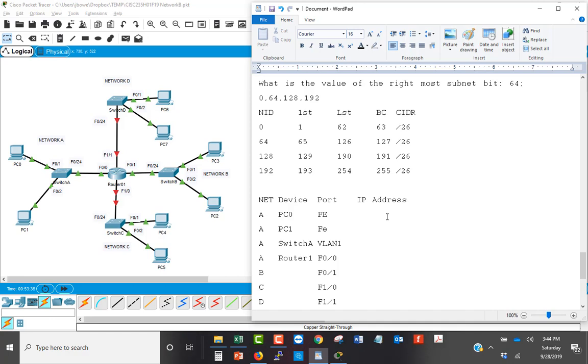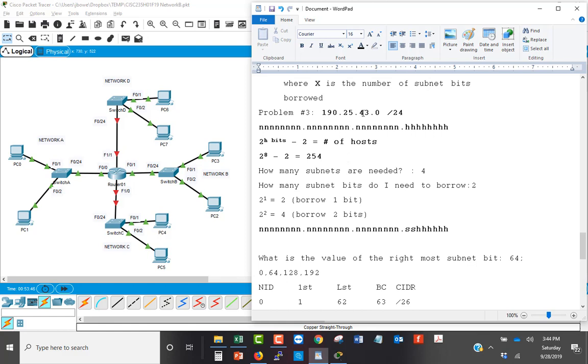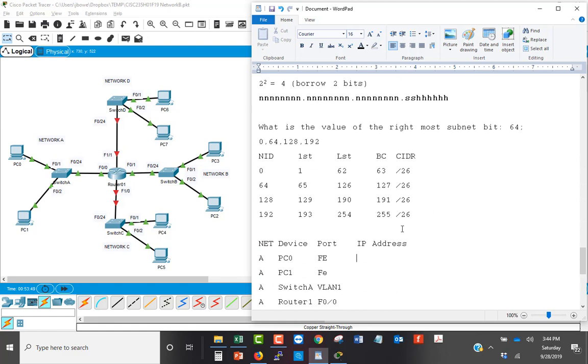I'm just going to put in the last octet. I'm not going to bother putting in the 190.25.43. The value for the last octet here is going to come out of the first block, and you'll notice that I've got the network identifier here, which is network A. So we're going to pick out of the first range, 1 to 62.